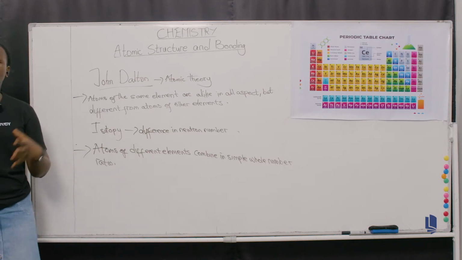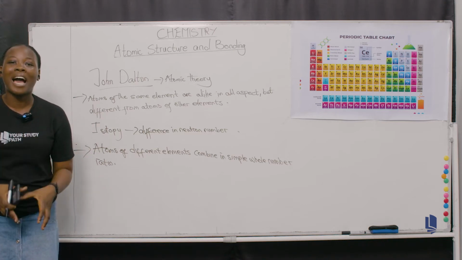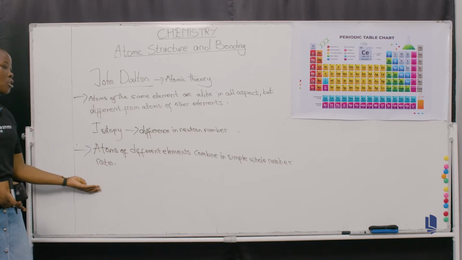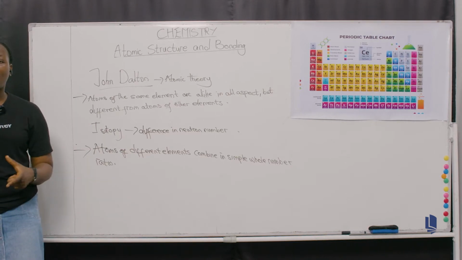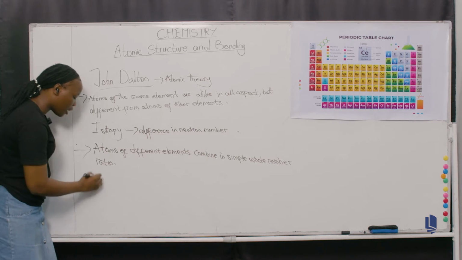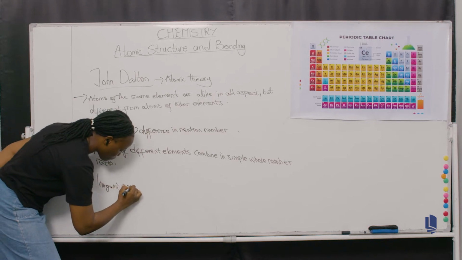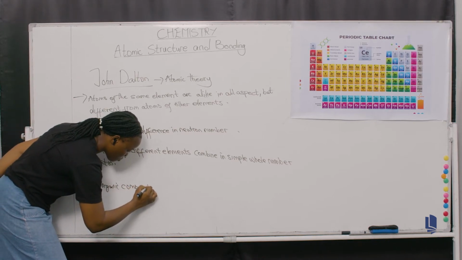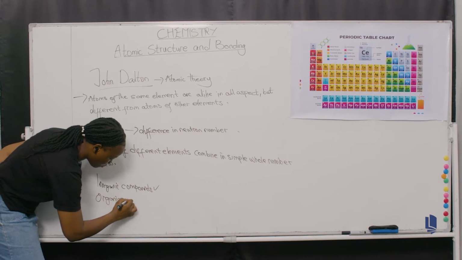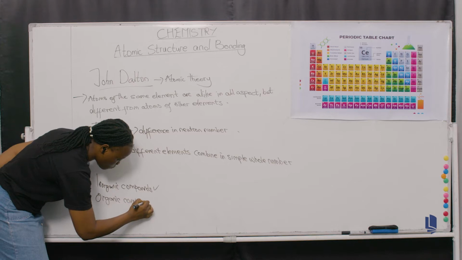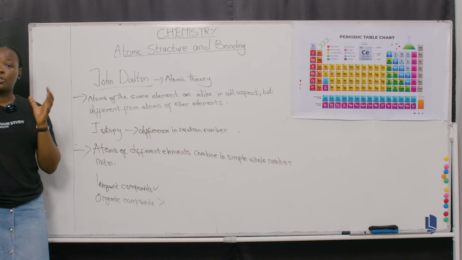But when we go to organic chemistry, we're talking about proteins, we're talking about carbohydrates. Those are large, giant molecules. This is not valid because you can see some giant molecules in organic chemistry. So this is valid for inorganic compounds. Organic compounds, no. And so we've talked about John Dalton.